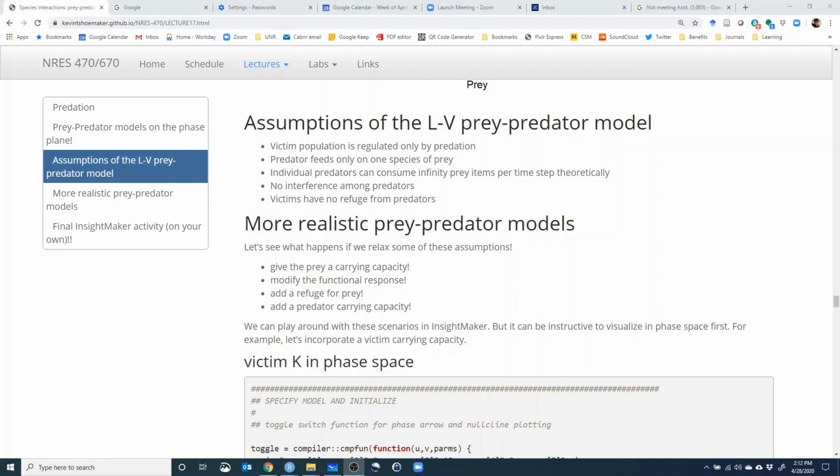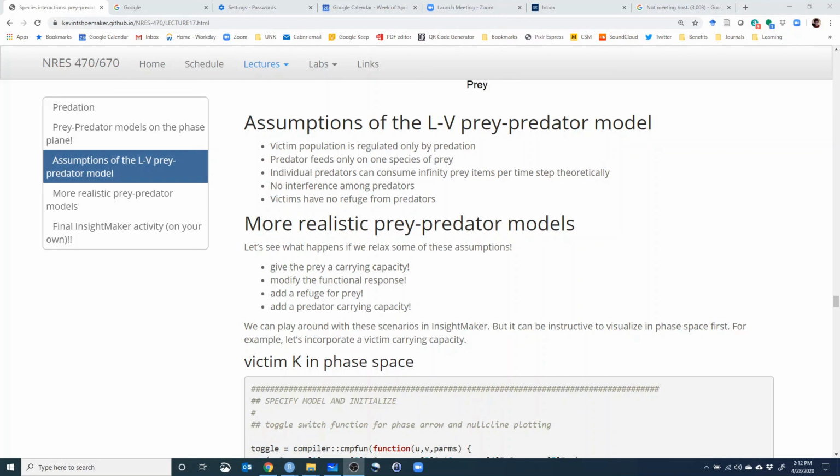We can add a refuge for prey, that some prey are just untouchable. We can add a predator carrying capacity. We can do these things, and it's not that difficult to think those through. And using the phase plane, we can kind of understand fairly quickly what the effects are likely to be. And of course, we can play around with these scenarios in Insight Maker, which I encourage you to do at the end of this lecture.